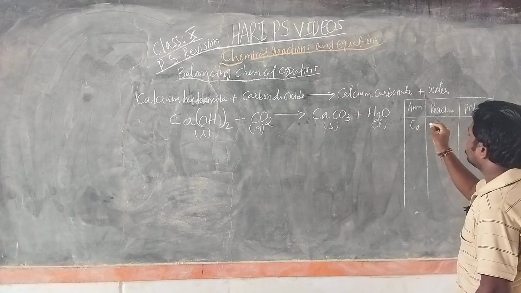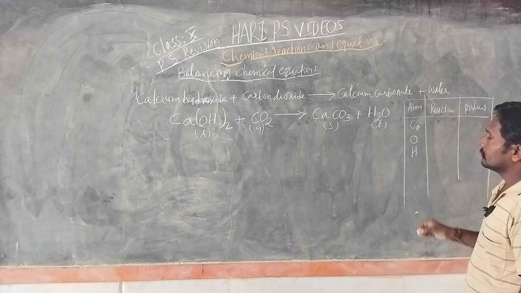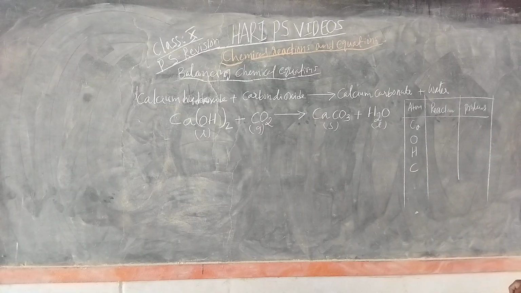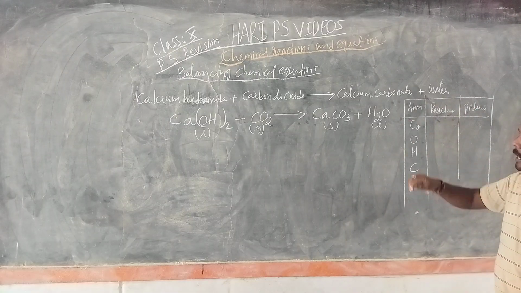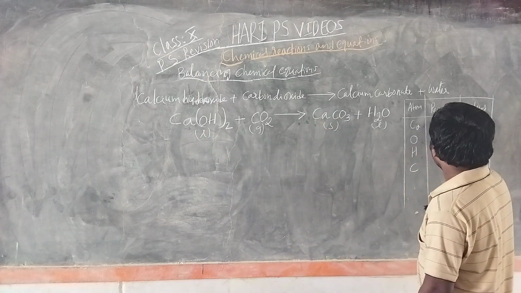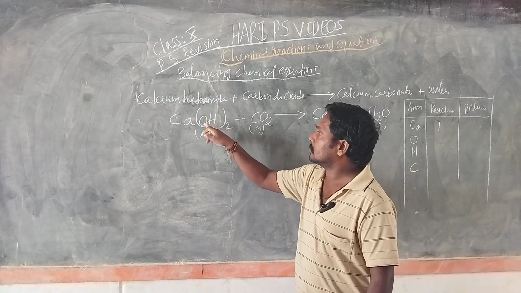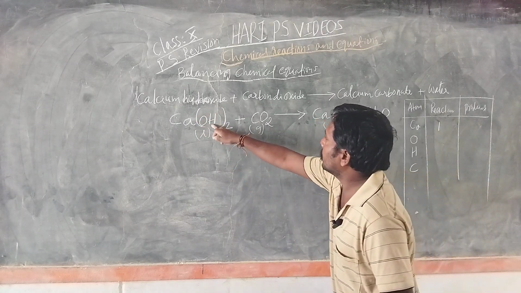What are the atoms? Calcium, oxygen, hydrogen, carbon. So this chemical reaction contains four atoms: calcium, oxygen, hydrogen, and carbon. Let us count the number of atoms in the reactants. Calcium 1, oxygen 2 plus 2.